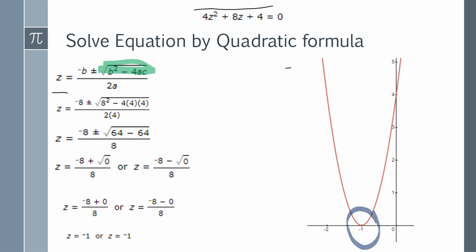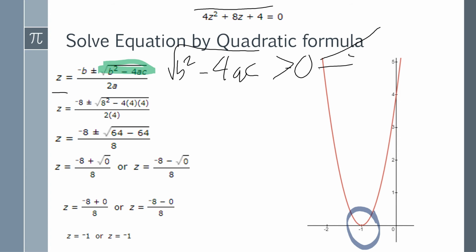So, if you got b squared minus 4ac greater than 0, we're talking about the radical, you're going to have two answers.